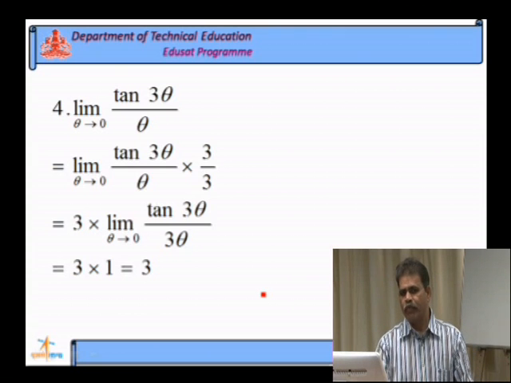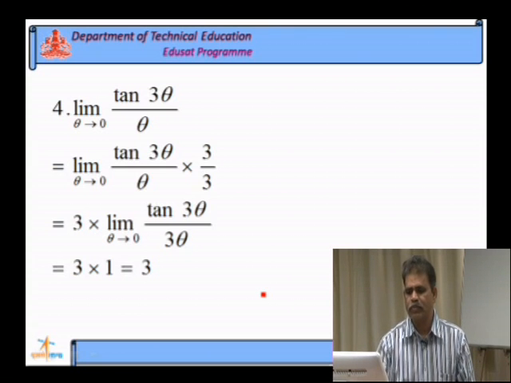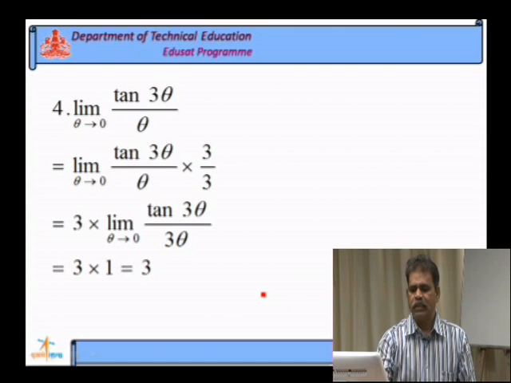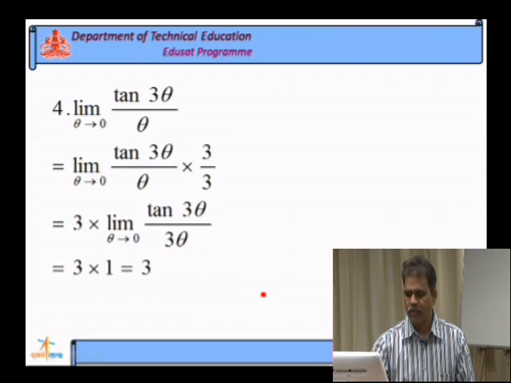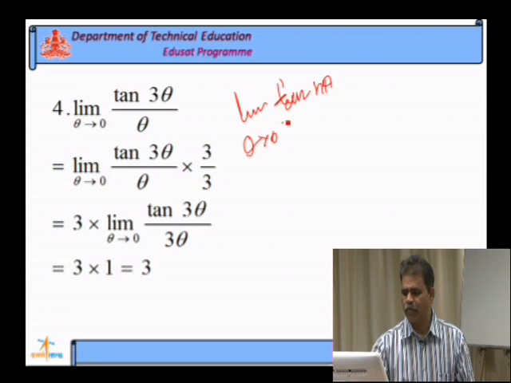Next problem, we have taken tan problems. Limit as theta tends to 0, tan 3 theta divided by theta. You just recall this limit as theta tends to 0, tan of n theta divided by n theta is equal to 1.